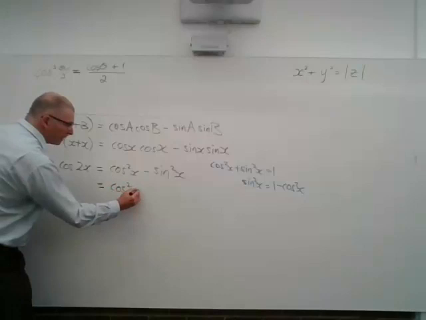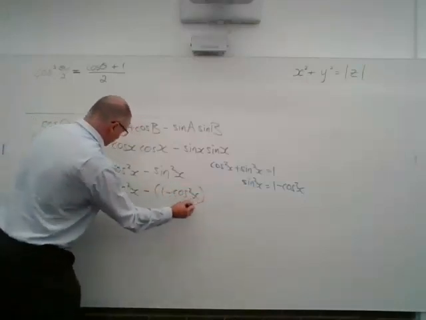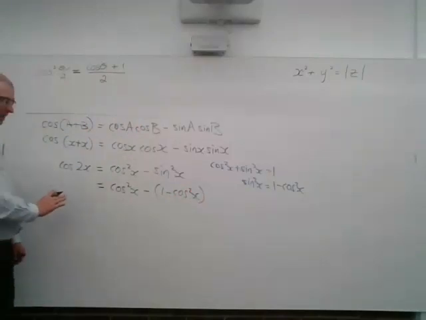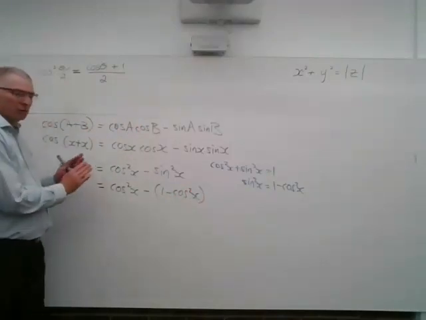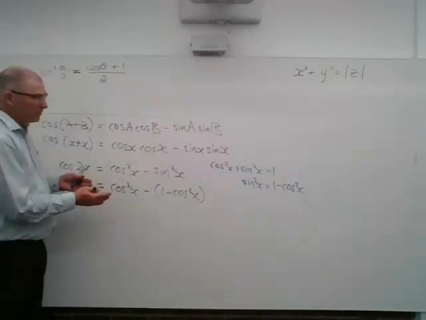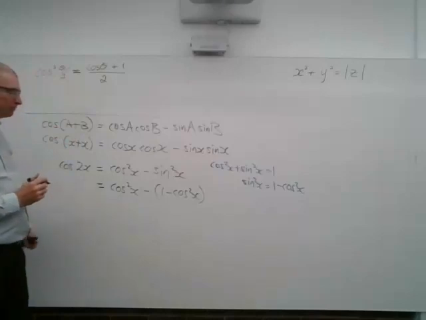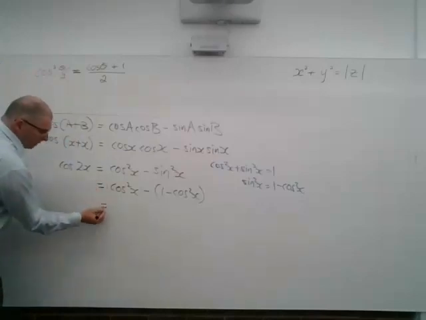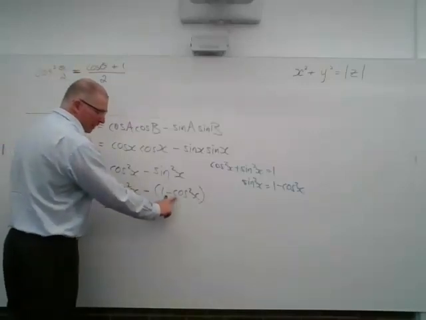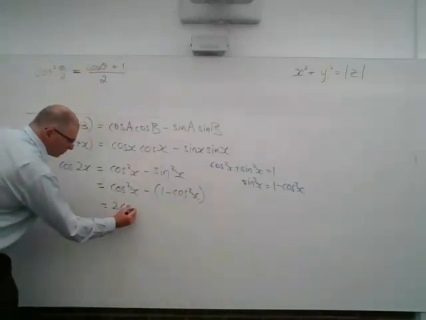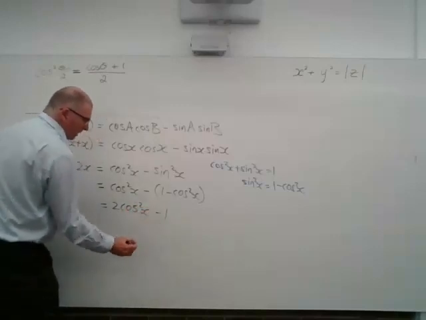There are various formulas that we can get for cos 2x, but today's one involves just changing a double angle into a single angle, or the same thing is getting a half angle when you know a full angle. So if you were to simplify that cos squared x minus (1 minus cos squared x), you'd get 2 cos squared x minus 1.